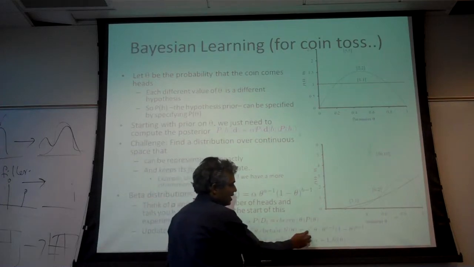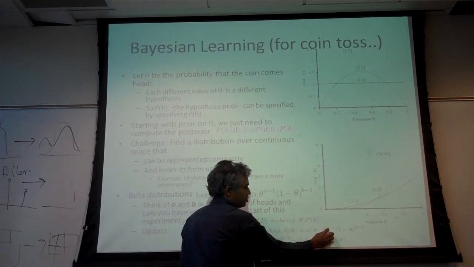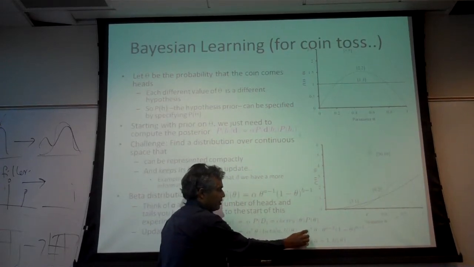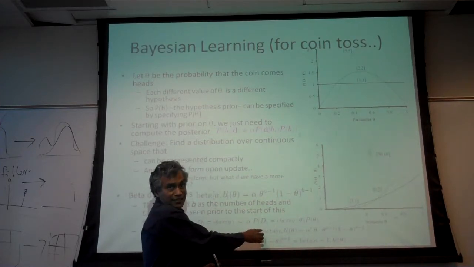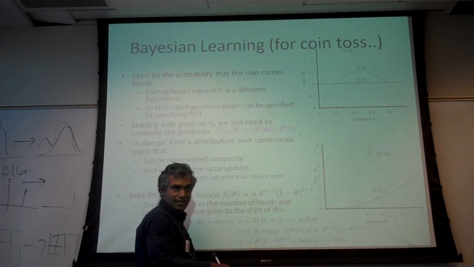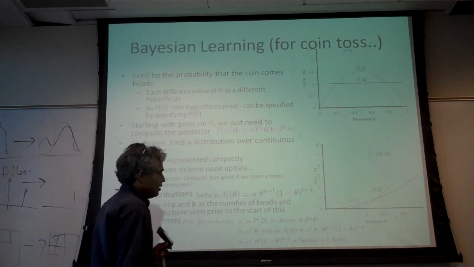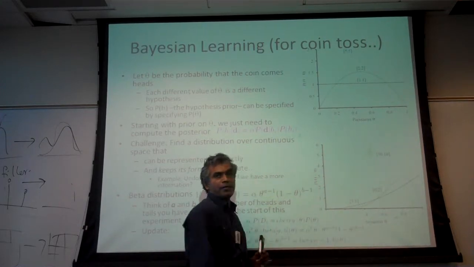It will be essentially a different normalizing constant times theta to the power A minus 1 times 1 minus theta to the power B minus 1. The constant is different because beta itself has its own constant, and I have another normalizing constant here. I'll find it as a detail. Then this is theta times theta to the power A minus 1, times 1 minus theta to the power B minus 1.